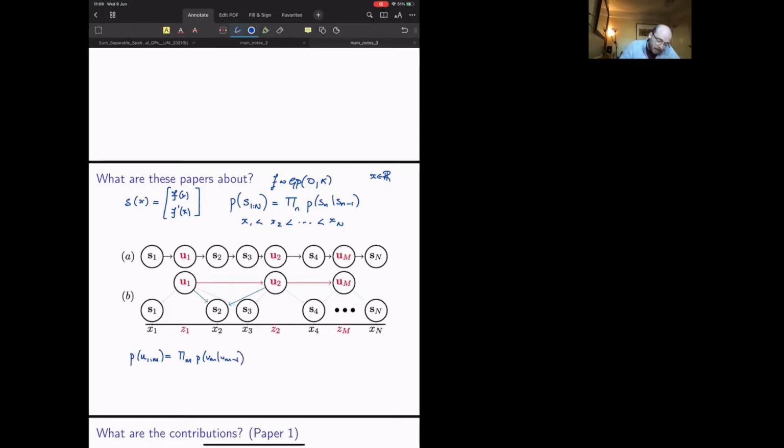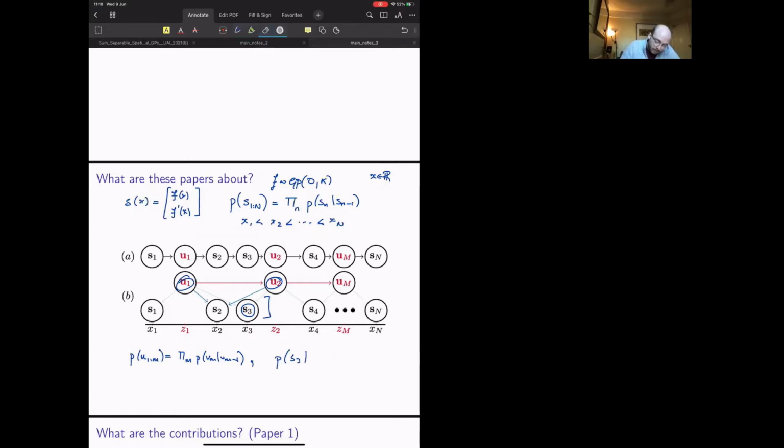And the other key bit of structure here is what's depicted here. So any of our states, for example the third one here, is conditionally independent of all of the u's other than its immediate neighbors. So that's just to say that S3 given U1 and U2.